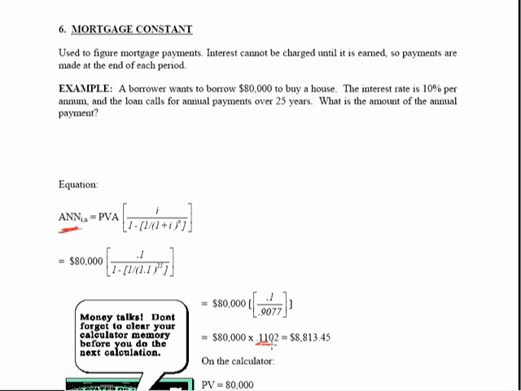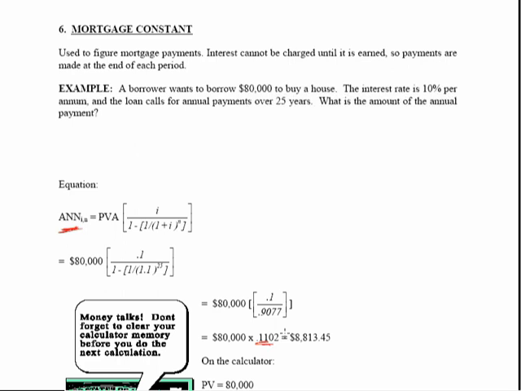The way you can think of a mortgage constant or mortgage factor is as a dollar mortgage. If you had a mortgage of exactly $1, what would your annual payment be? Well, it'd be 11 cents. So each year for 25 years, you'd pay 11 cents on that dollar mortgage.